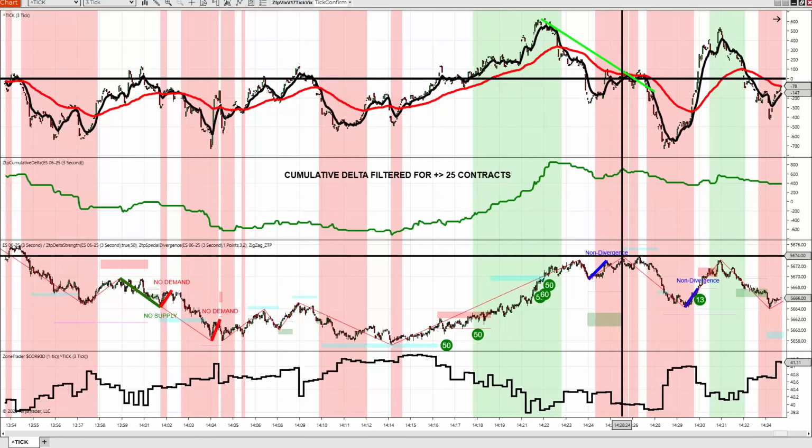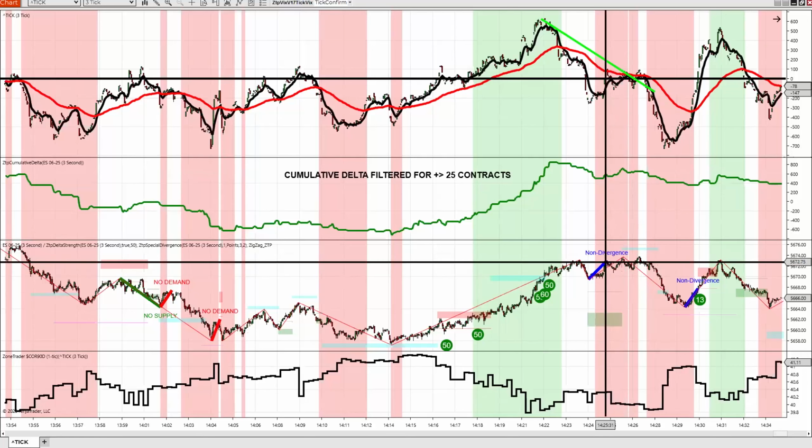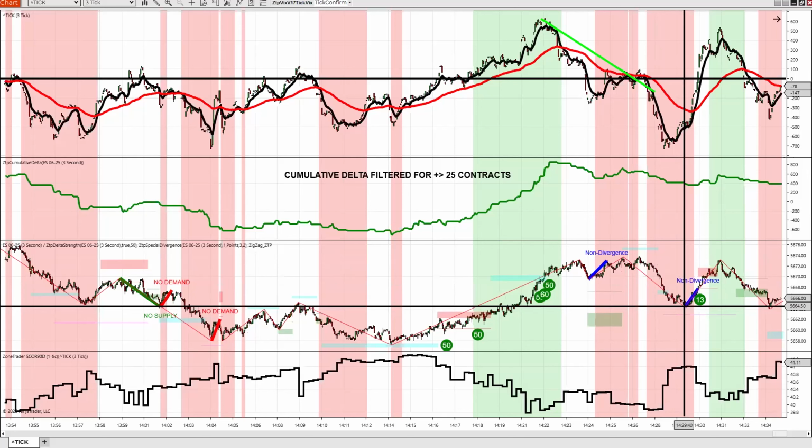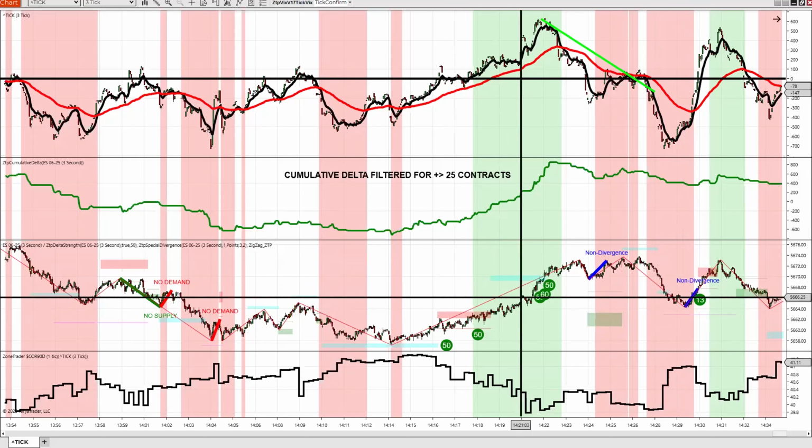And so we basically had a couple types of divergences going on, both tick and with the contracts of the filtered delta. And we traded from about 74 down to about 64, so about a nice 10-point drop.